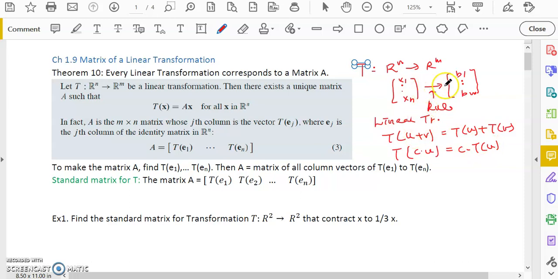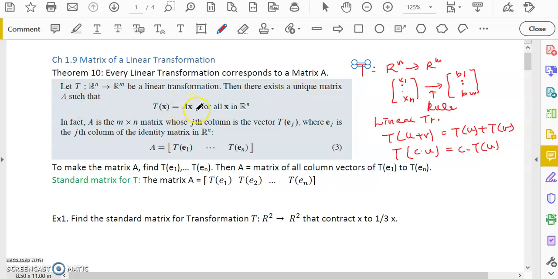Like I said before, the transformation could be done by a matrix, but you can actually have any rule that does it. But if it is a linear transformation, you must be able to represent it as Ax.